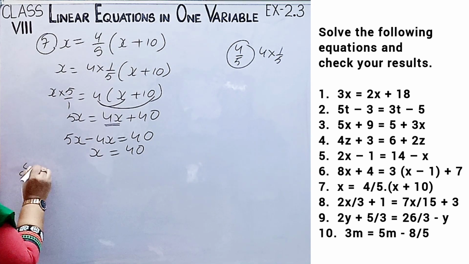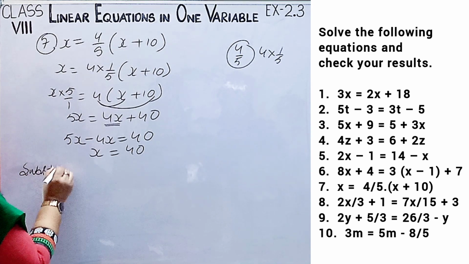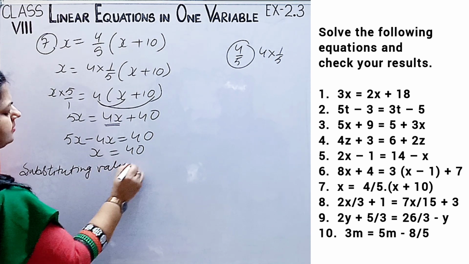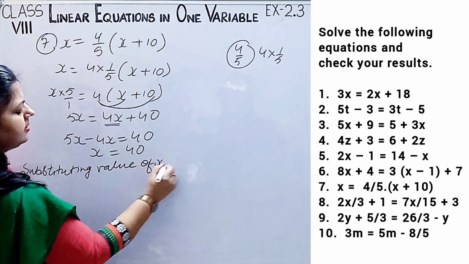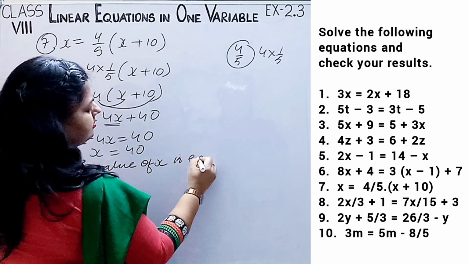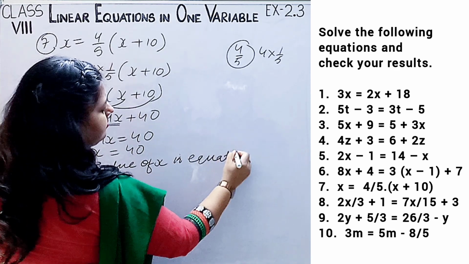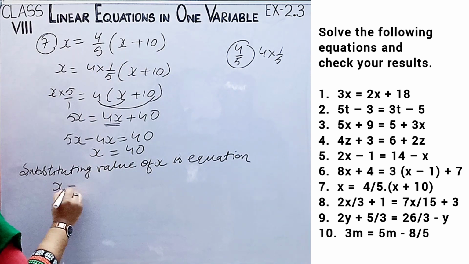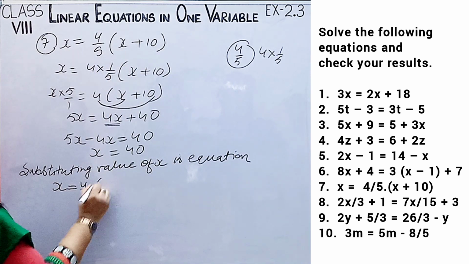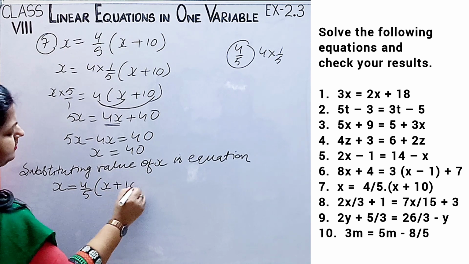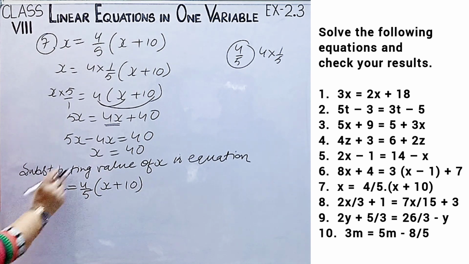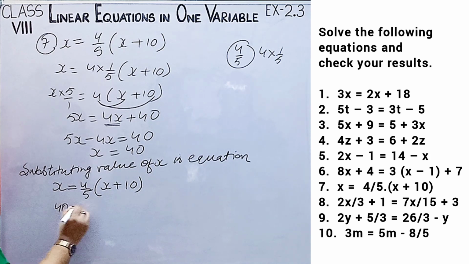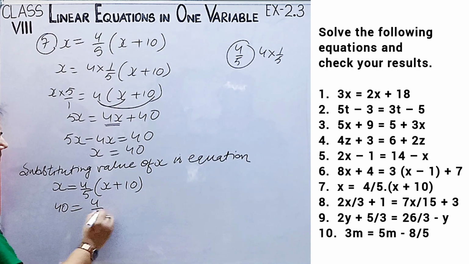Substituting value of x in equation, and our equation is x equal to 4 upon 5 x plus 10. Substitute 40 in place of x. 40 equal to 4 upon 5.